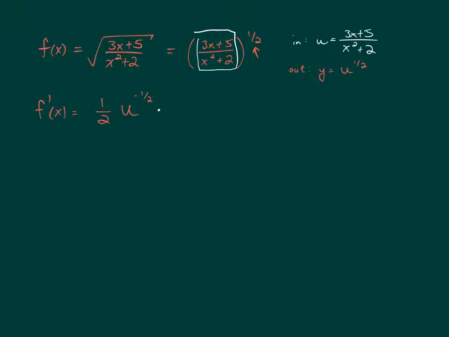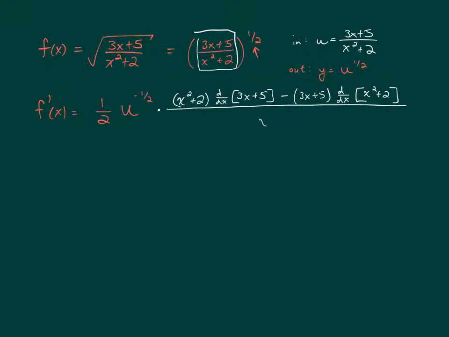So we will use the denominator, x squared plus 2, times the derivative of the numerator, which is 3x plus 5, minus the numerator, 3x plus 5, times the derivative of the denominator, x squared plus 2, all over the denominator squared, so x squared plus 2 squared.